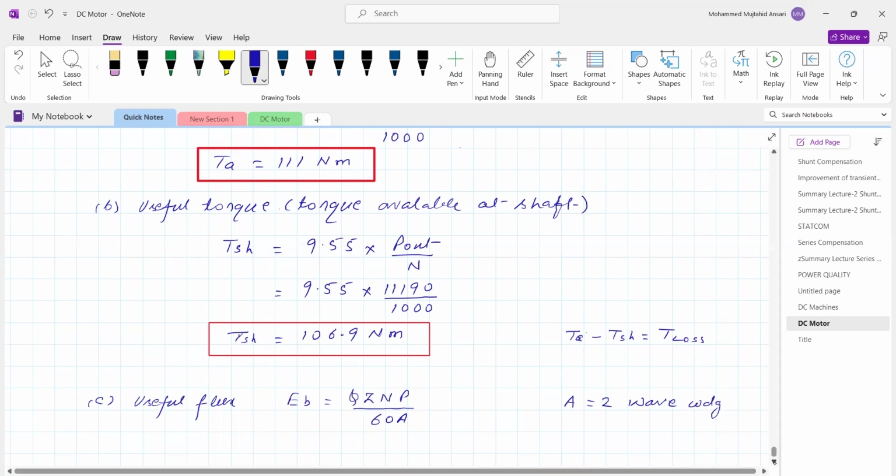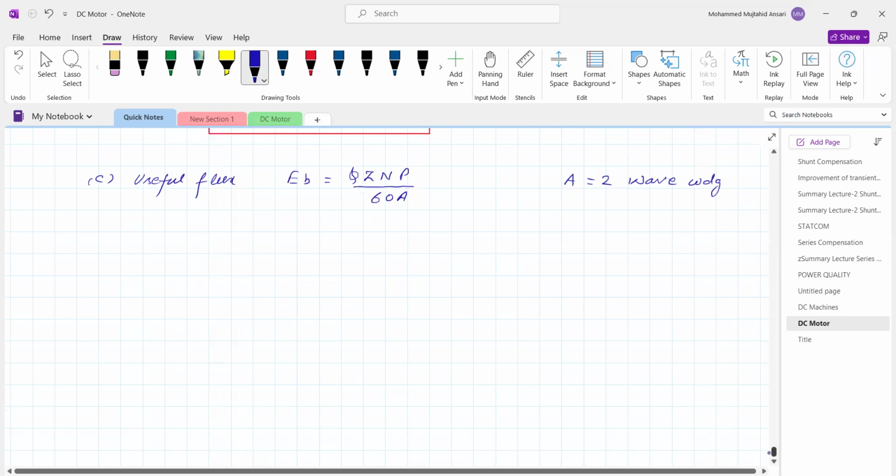As the type of winding is given, if you put in the values: back EMF we already calculated as 233, flux we want to know, total number of conductors is 540, speed is 1000 RPM, number of poles is 4, divided by 60 and divided by 2, the number of parallel paths for wave winding.